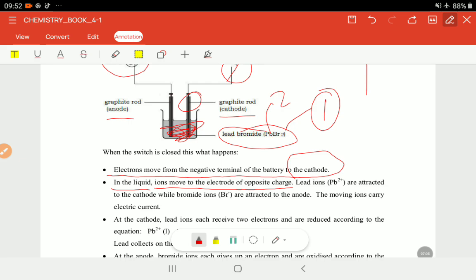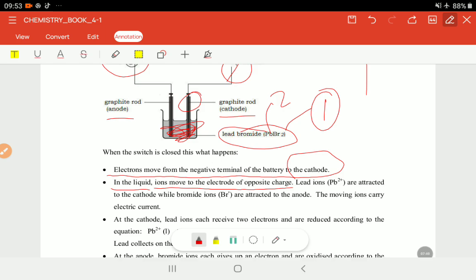And because there is that decomposition and the electrodes that we have are connected to the terminals of different charges, positive and also negative, even those ions that are in the electrolyte will be attracted by the electrodes of opposite charge. Remember, unlike charges attract, positive and negative.